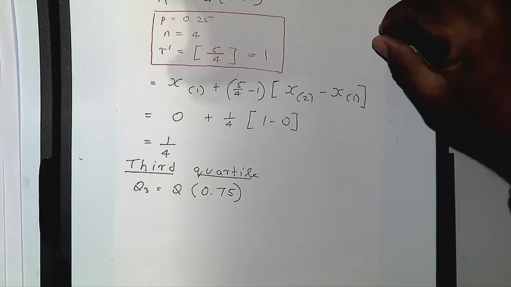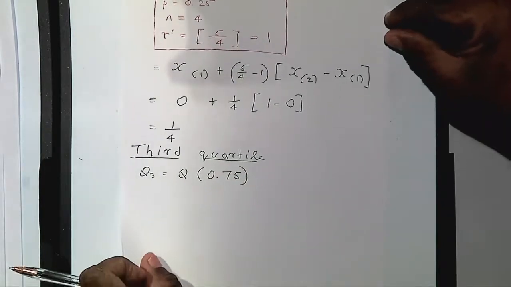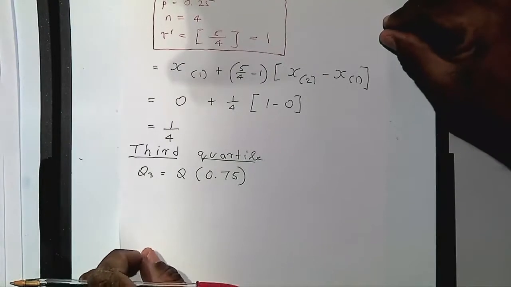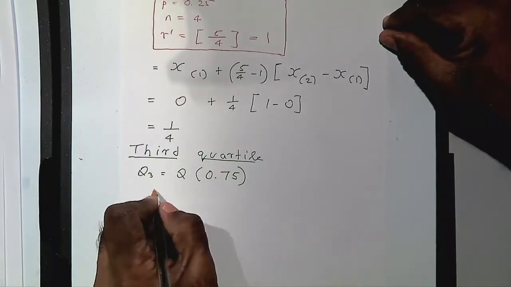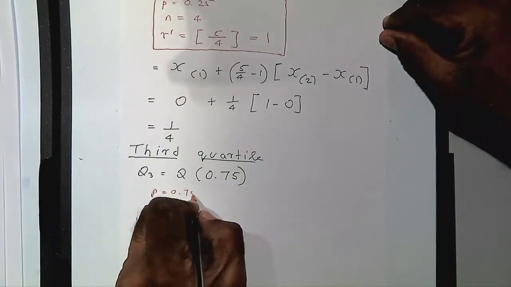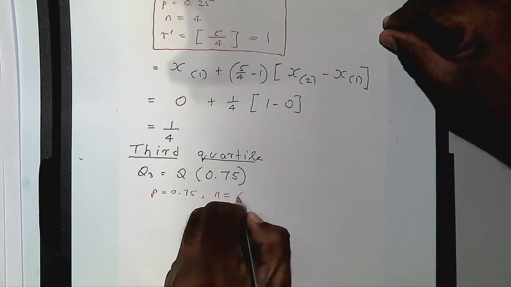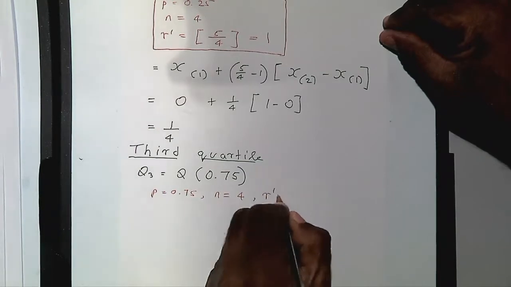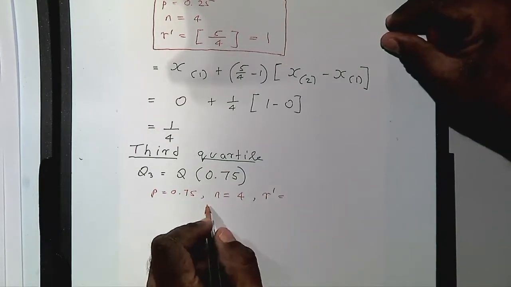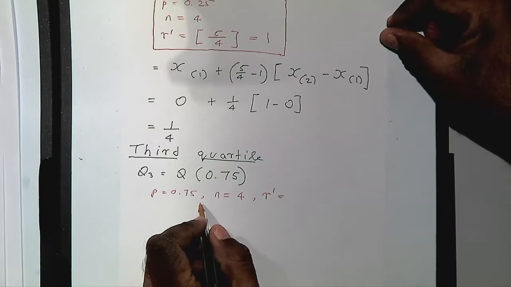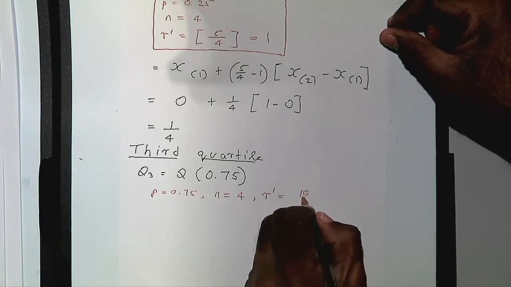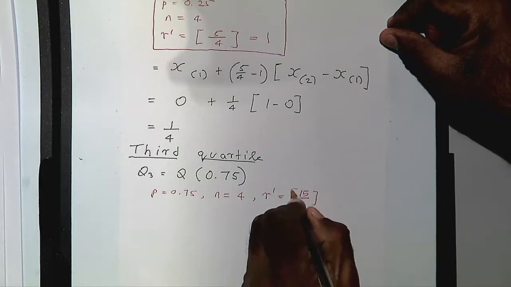So your P is 0.75, your N is 4, so your R prime is going to be 15 divided by 4, the integer part of that.